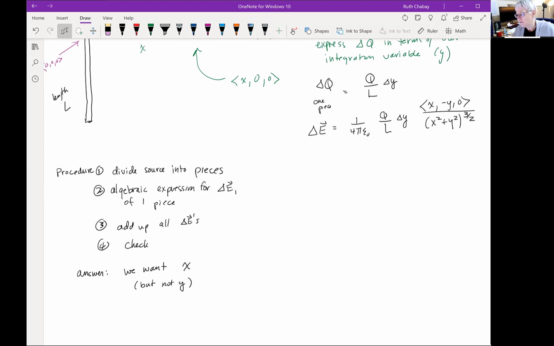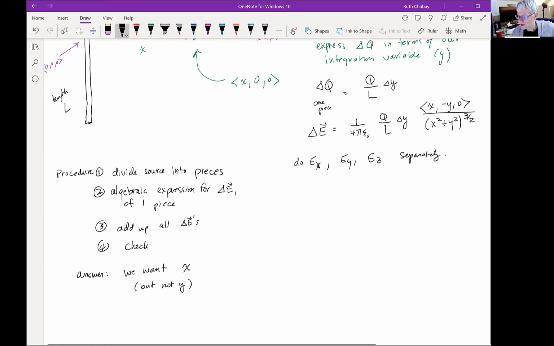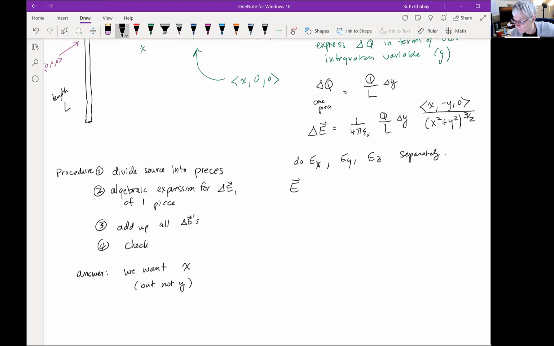So now we have to add these things up. And at this point, we're going to find the x, y, and z components separately. E net is just going to be the sum of all these little delta E's.